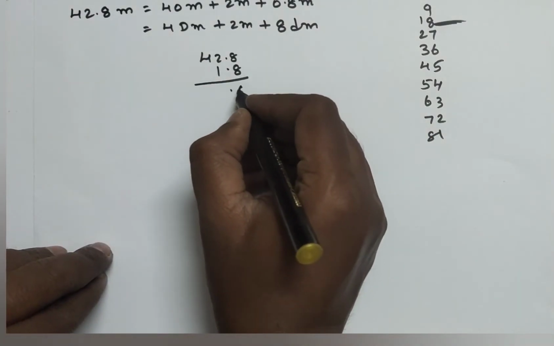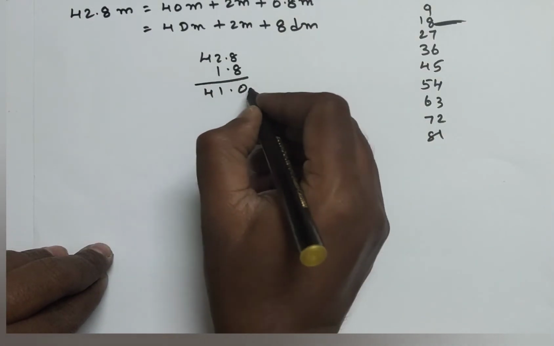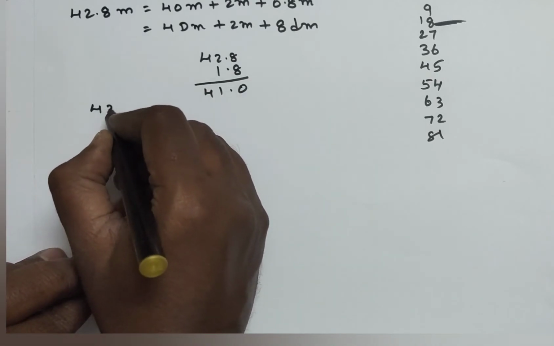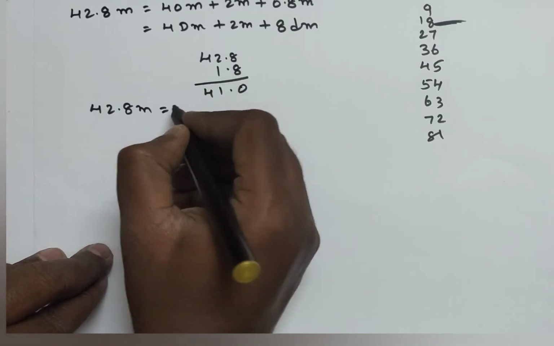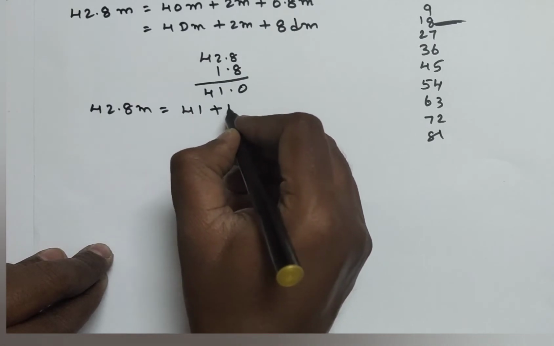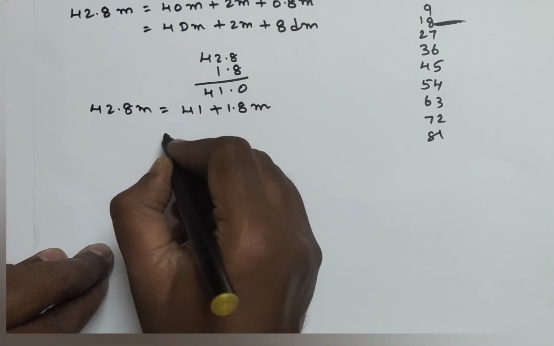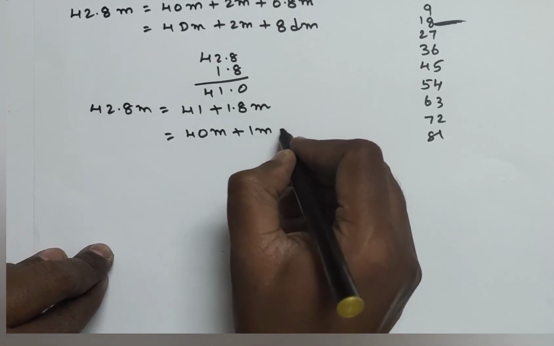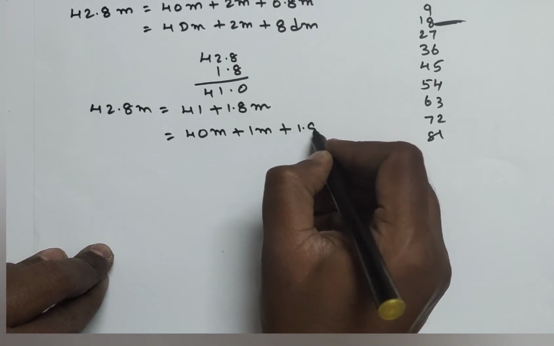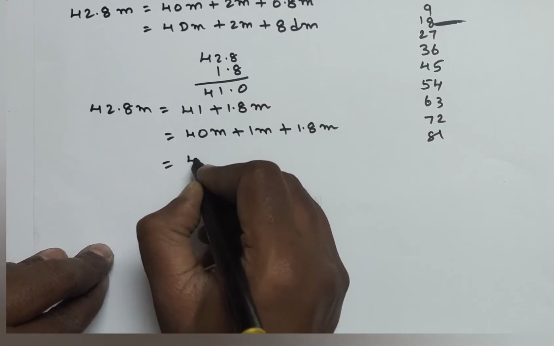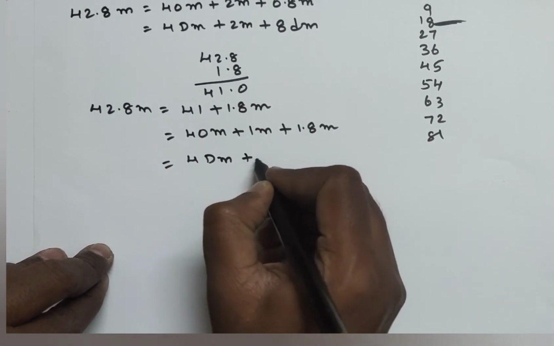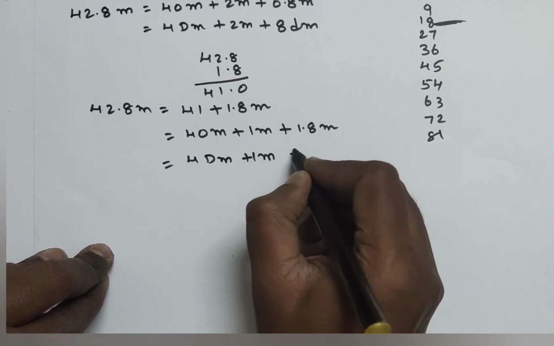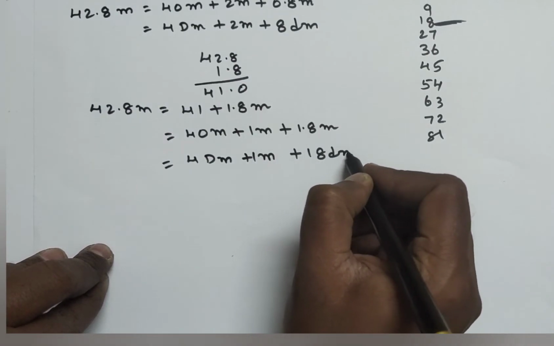So we get 41.0. Therefore 42.8 meters is equal to 41 plus 1.8 meter, that is equal to 40 meters plus 1 meter plus 1.8 meters, that is equal to 4 decameters, 1 meter plus 18 decimeter.